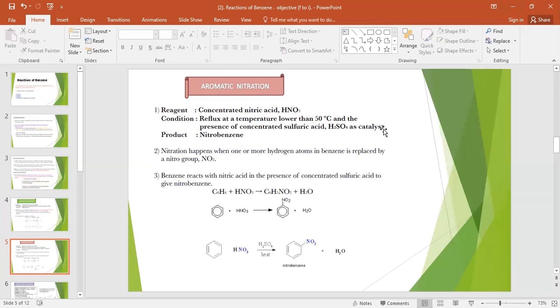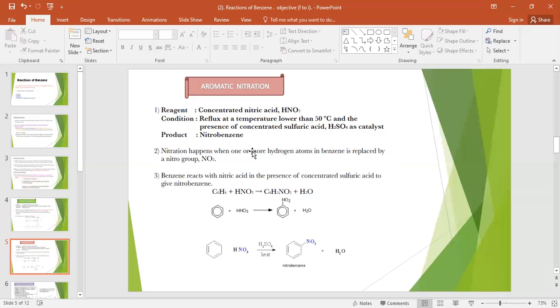So what is the reagent here? HNO3, nitric acid. And what is the catalyst here? Sulfuric acid. So first, it is a mixture of nitric acid and sulfuric acid. When nitric acid reacts with sulfuric acid, they form a nitronium ion.